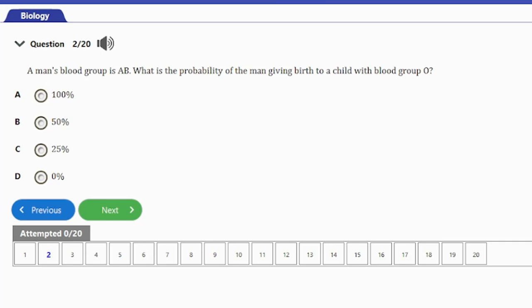The probability of a man with blood group AB giving birth to a child with blood group O is 0%, because it's not possible for AB to give birth to an O, since the man has A and B, which are co-dominant in his blood group, and there is no O in any way, whether recessive or dominant. So it's not possible for that to occur. So the probability is 0%.